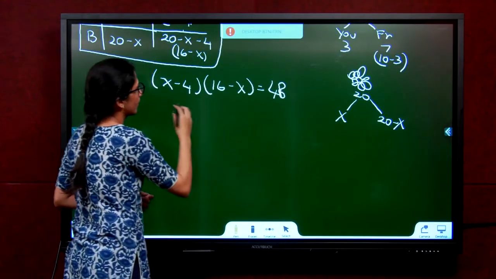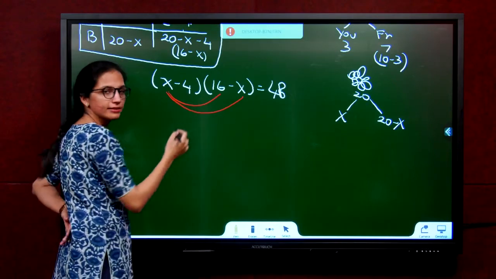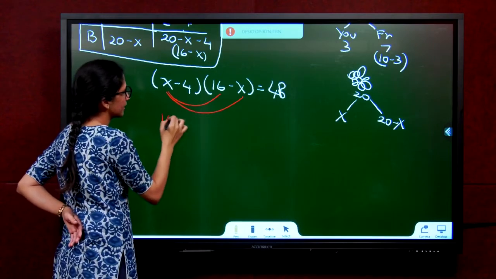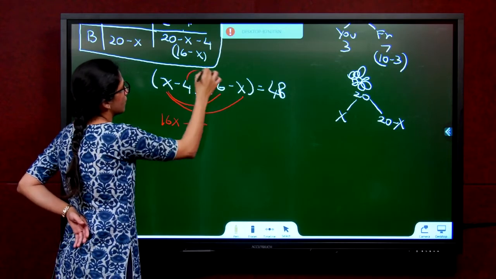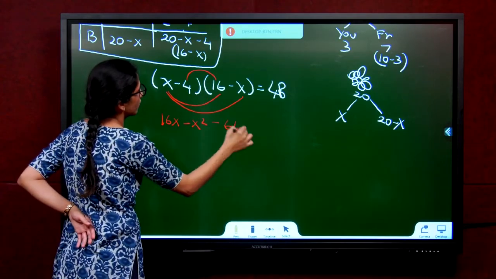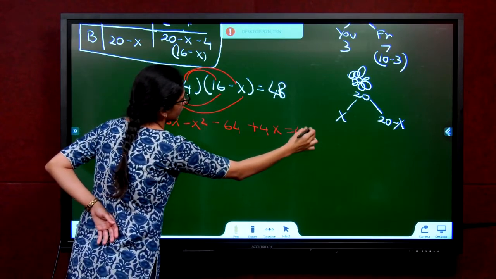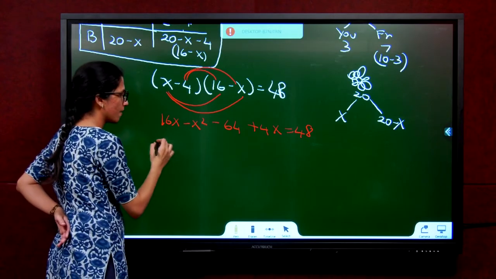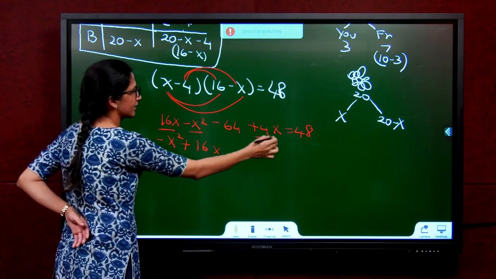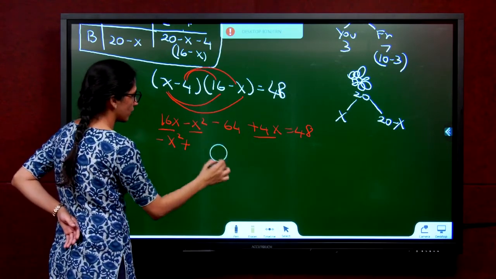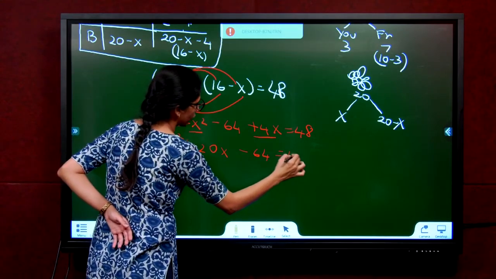Normal expansion: x goes with this, x into 16 is 16x, x into minus x is minus x square. Minus 4 into 16 is minus 64, minus 4 into minus x is plus 4x, equal to 48. Now, minus x square plus 16x plus 4x, can I write it as plus 20x? Yes. Minus 64 equals 48.